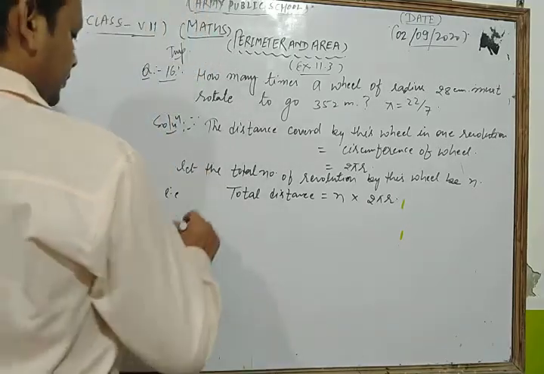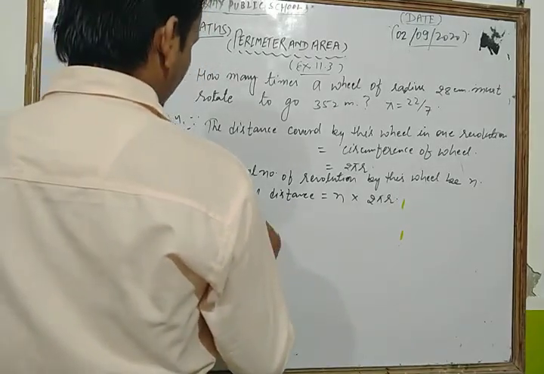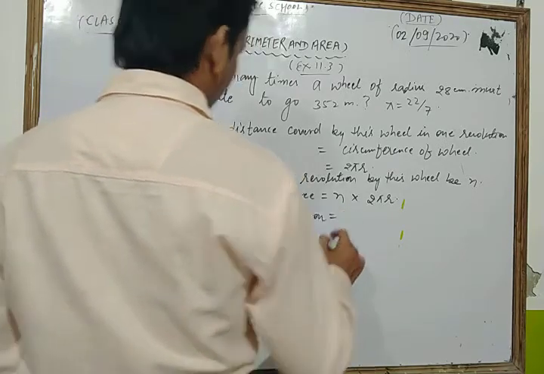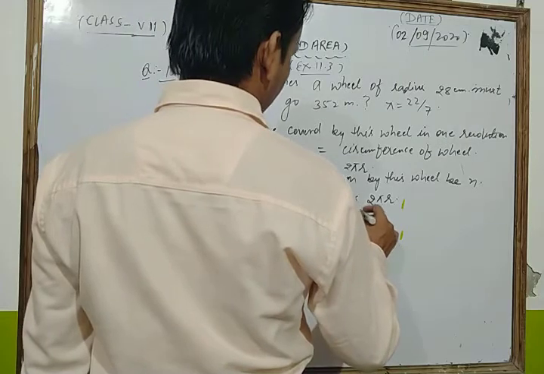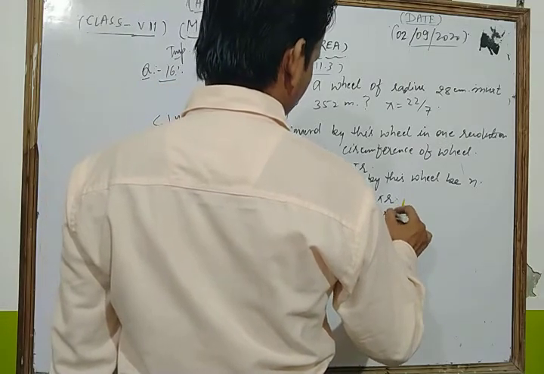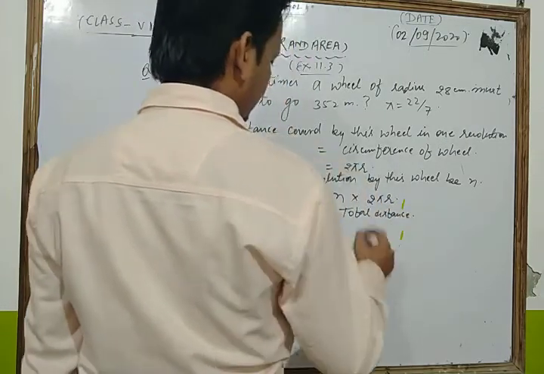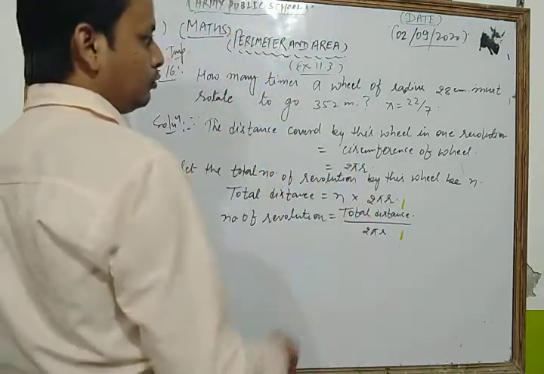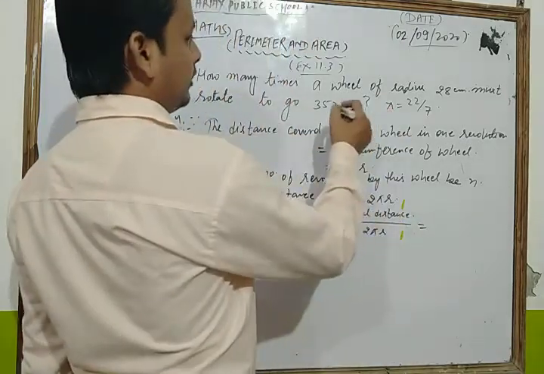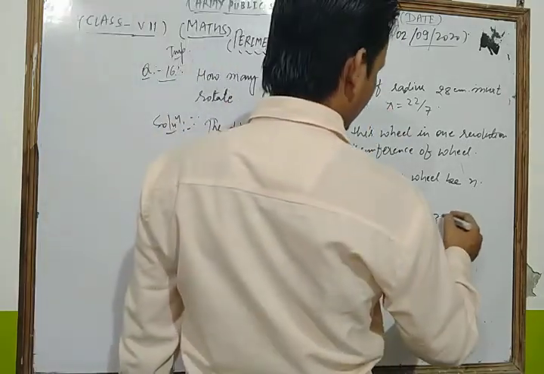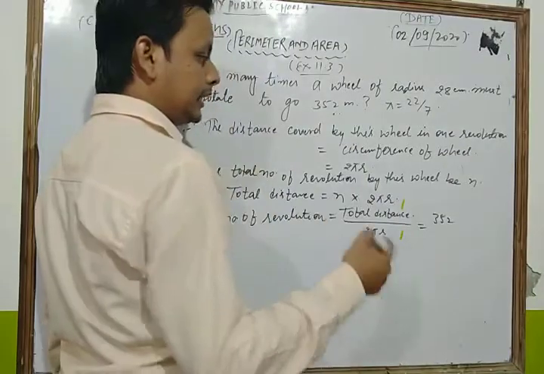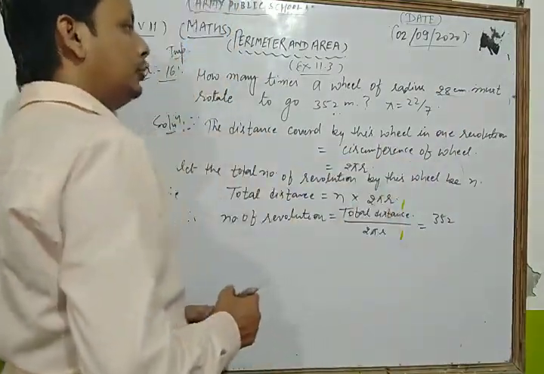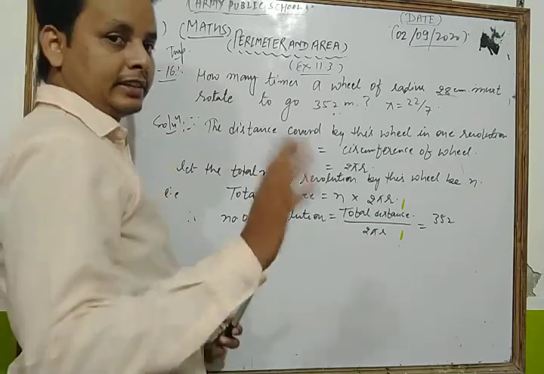So the number of revolutions is equal to the total distance by the circumference, that is 2 pi r. Now we put in the values. The total distance covered by the wheel is 352 meter, and we convert meter into centimeter because the radius is in centimeter, so all values are in the same unit.